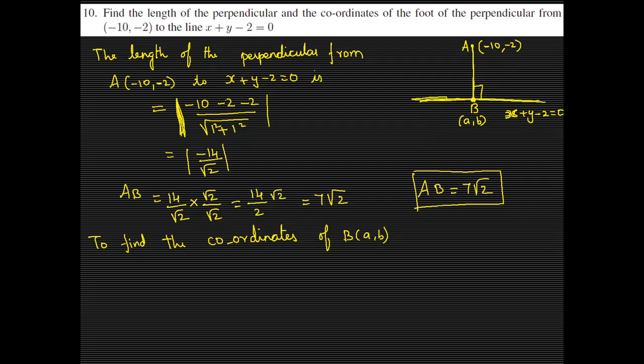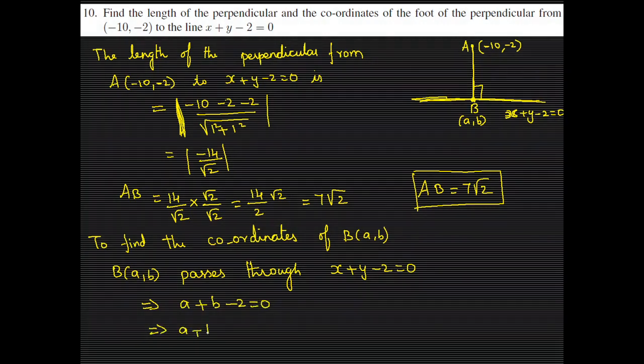So (a, b) passes through x + y - 2 = 0. You just substitute this (a, b) in this equation, so it should satisfy. So a + b - 2 = 0, which gives a + b = 2. Let us name this equation number 1.